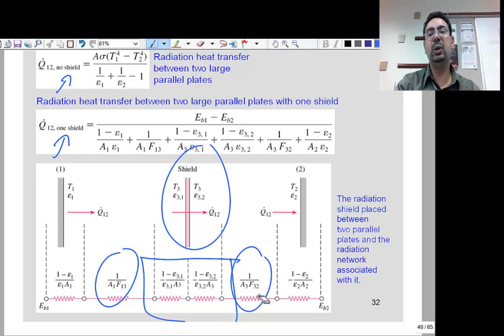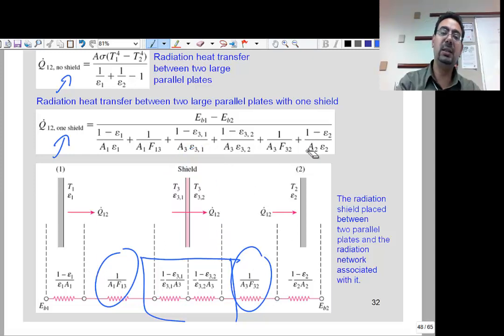Although we know that this will end up being 1. F32 is 1, right? They only see each other, so this is really 1 and 1. But anyway, here is the formula. You don't have to prove all those formulas to me. You just use them as they are. Here is the formula for heat transfer with a shield. I mean, you know why it's like this, right? But you go ahead and use it.